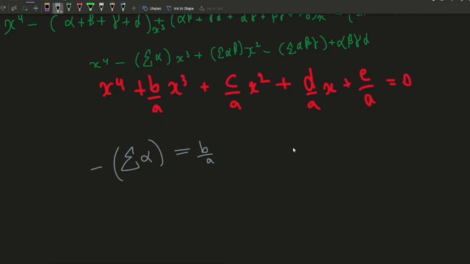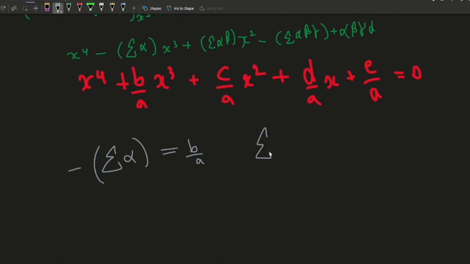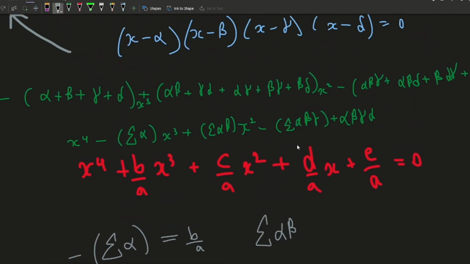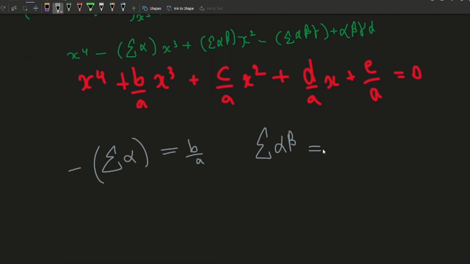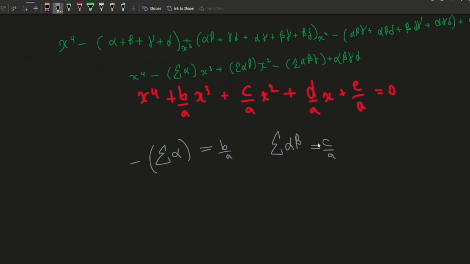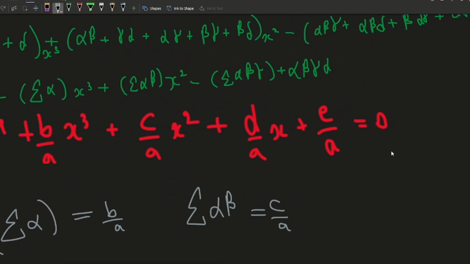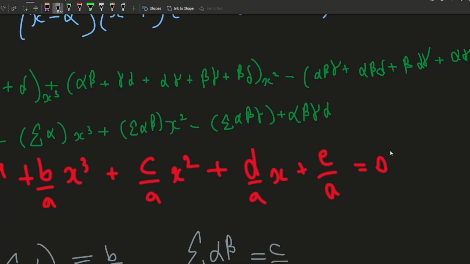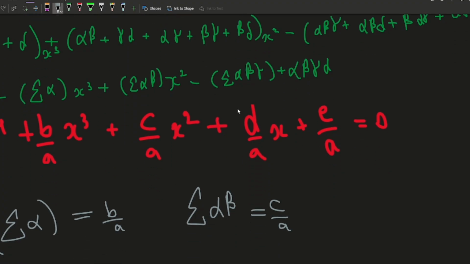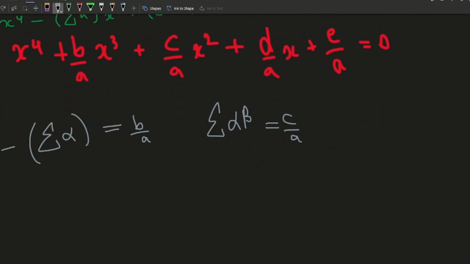So let's write that down as well. Summation of alpha beta is equal to c over a. And negative summation of alpha beta gamma is equal to d over a. So let's write that down as well.